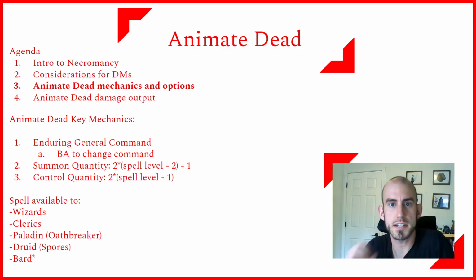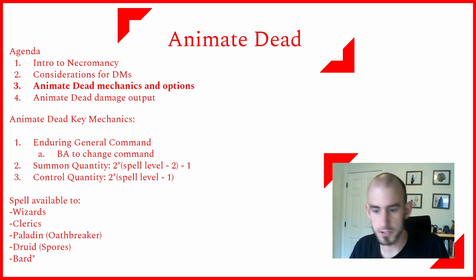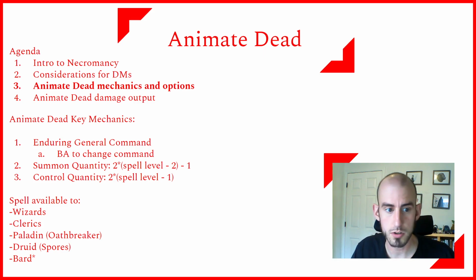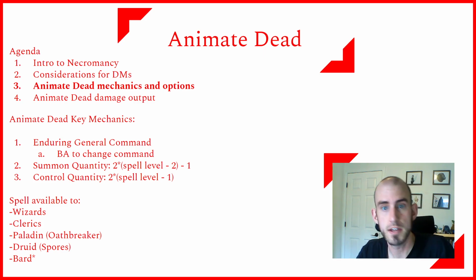The first one is the enduring general command. The fact that we can issue a general command, such as to guard a particular chamber or corridor, means that we should be able to issue some kind of general command like follow me and attack what I attack. You should be able to give your skeletons or your zombies some kind of general command like that, so you won't have to use your bonus action every turn in combat to take precise control.